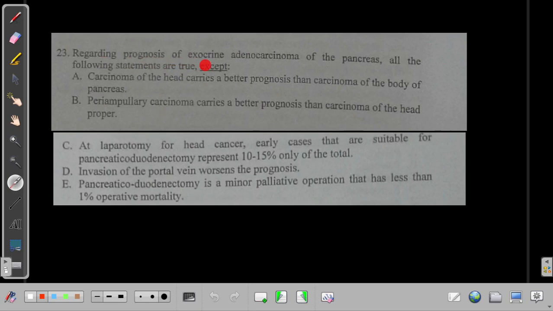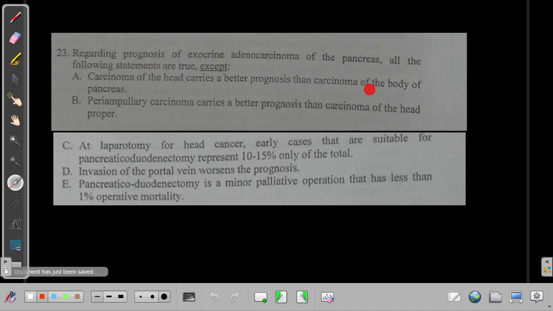Regarding the prognosis of exocrine adenocarcinoma of the pancreas, all of the following statements are true except: carcinoma of the head carries a better prognosis than carcinoma of the body and tail of the pancreas. That's true because carcinoma of the head early in the disease will obstruct the common bile duct, causing obstructive jaundice, attracting the attention of the patient to seek medical advice.